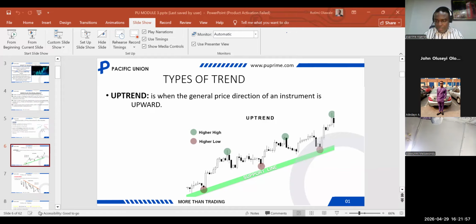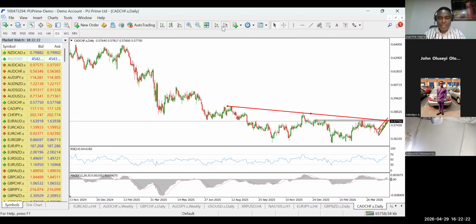You never trade against the trend. One of the fastest ways to keep having losses in Forex is when you trade against the trend. All right, this is CAD CHF. All right, okay, let me share the screen now. Okay, this is CAD CHF.